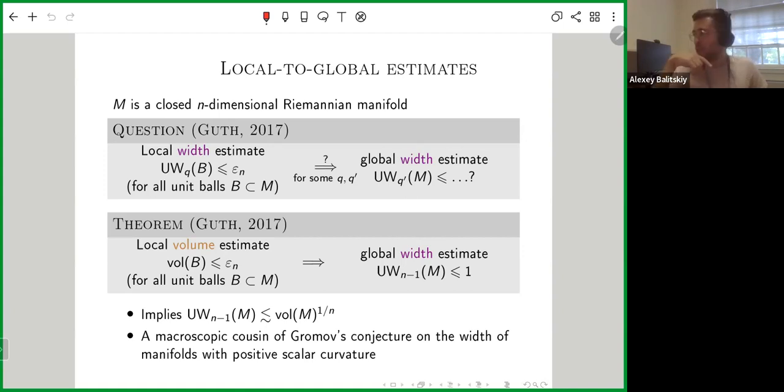If you are for some reason interested in some kind of algorithmic questions about how you can estimate the Urysohn width of a given Riemannian manifold, then the proof of Panos Papasoglou apparently gives a certain method. I'm not saying it's a good method, but I think a certain method can be extracted.